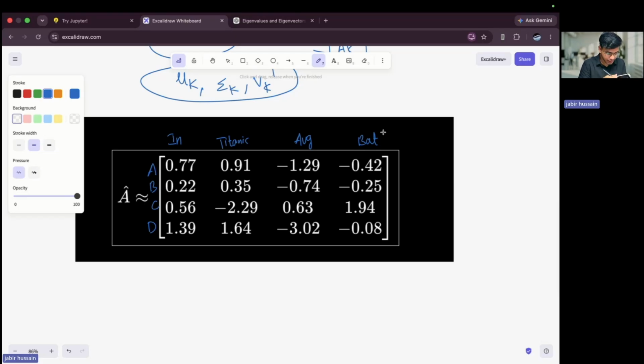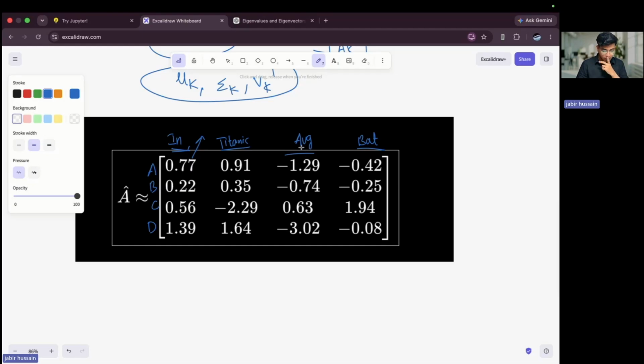Let me see the example that this tells you that for user A, the highest metric is Inception. So Inception will come first, then, sorry, Titanic. Titanic will come first, then Inception, then Batman, then Avengers.